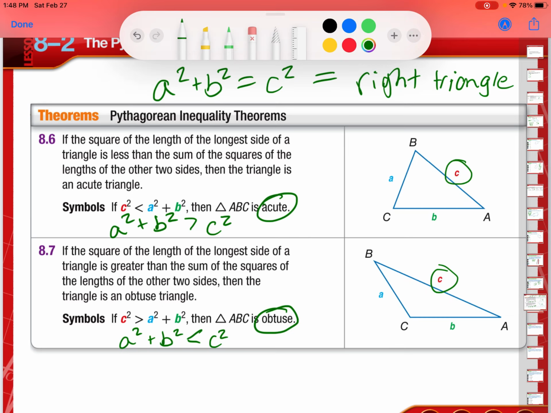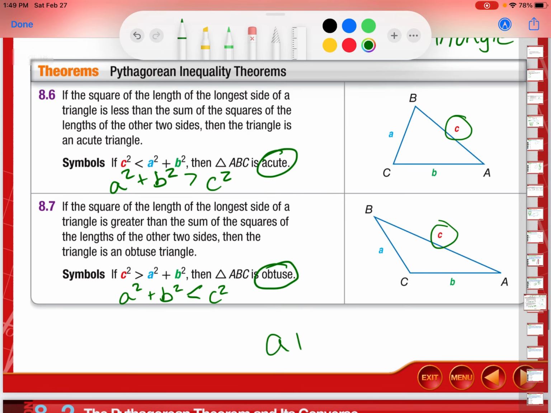The other thing we have to remember as we move through this is that any two sides, so our two smallest sides, have to be bigger than that third side. So we need to remember a plus b has to be bigger than c at all times for this to be a triangle.